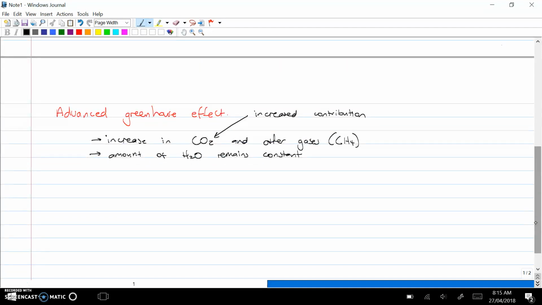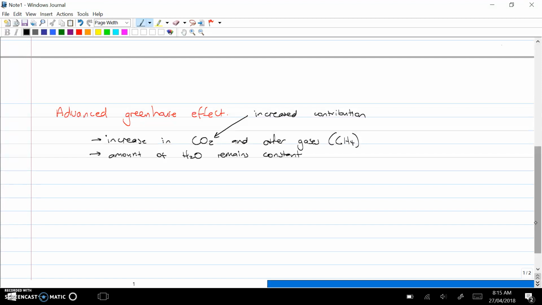But the advanced greenhouse effect is something we're seeing in modern times because we're pumping a lot more carbon dioxide into the atmosphere. And so we're noticing a bit more thermal energy being trapped by the atmosphere, and that's leading to a number of different issues, problems that are being seen across the world.